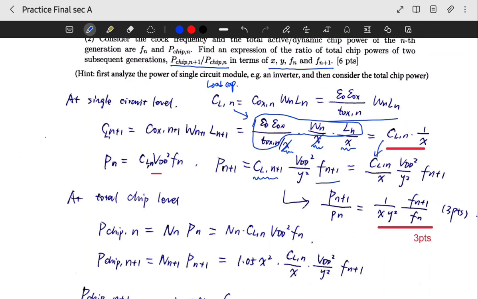So we plug in this CL over X, and we have VDD square over Y square, and we also have a frequency F n plus 1. So from this, we got this P, and we do have this one too. So you can find the ratio between P n plus 1 over P n. If you calculate, then you will get this relationship right here.